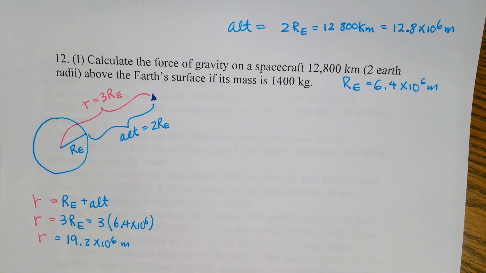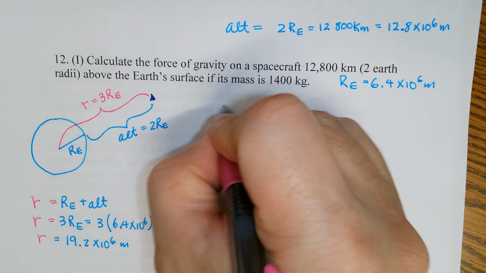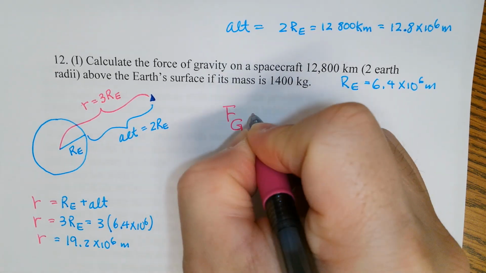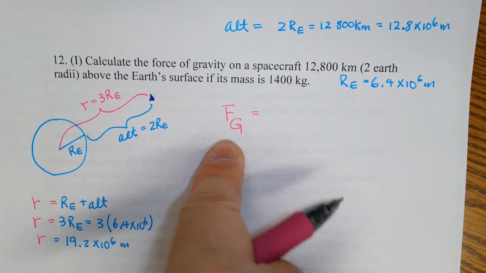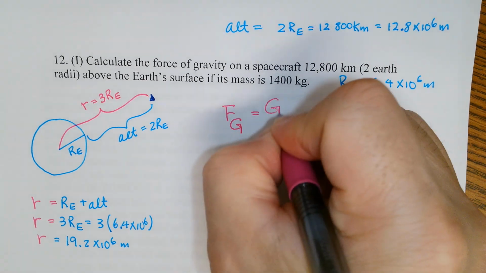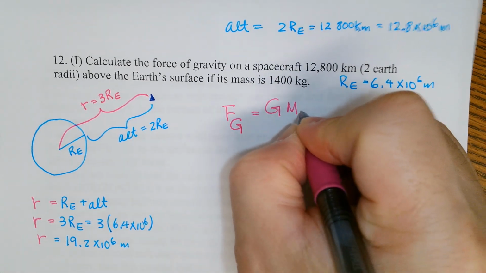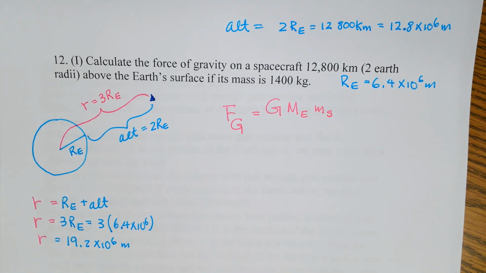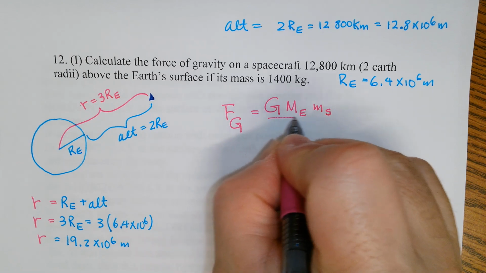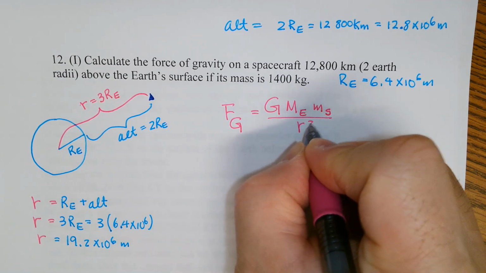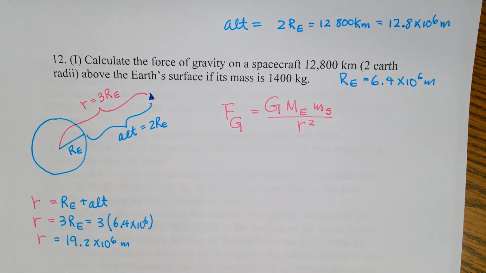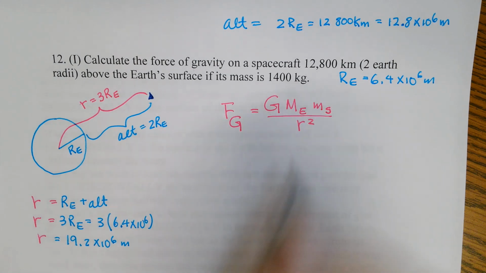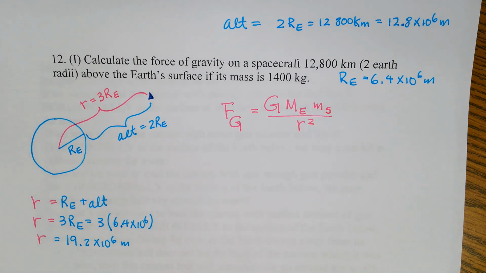All right, so we could say now that Fg, this is big G now, is equal to G times the mass of the Earth times the mass of the satellite, divided by r squared. So what is the gravitation between the two?